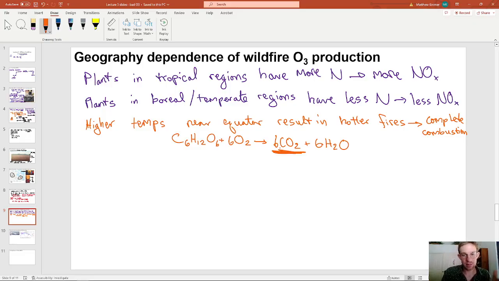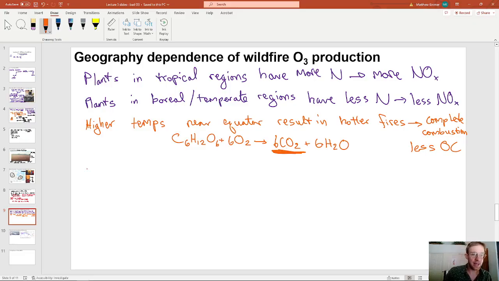It's not really relevant in particulate matter discussions and atmospheric chemical processes from wildfire emissions. So the more complete combustion from these hotter fires results ultimately in less organic carbon in fires that burn near the equator, because most of it gets converted completely into CO2.